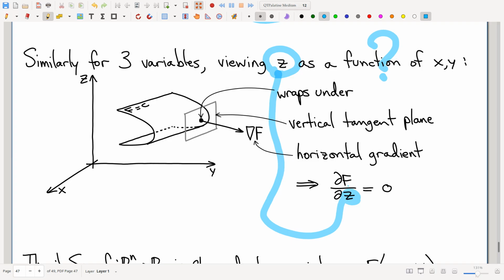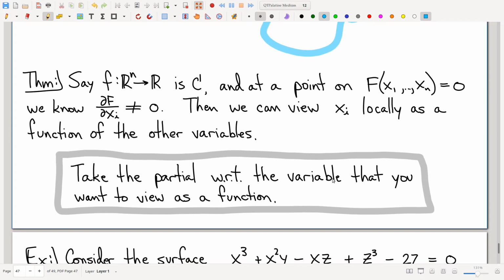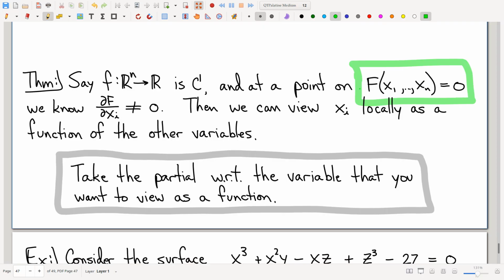Yeah. Right. Okay. So the general version of the theorem. If you have any level set, note this could be any dimension, of a function called capital F. Oh, you know what? Irregularity. We do need capital F to be continuously differentiable. Whatever. Level set.